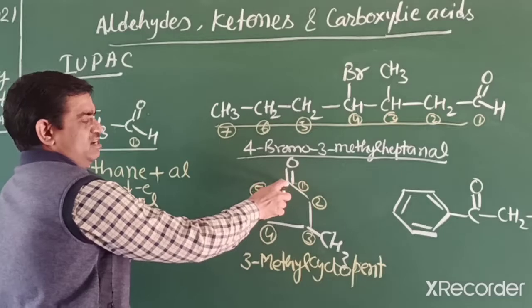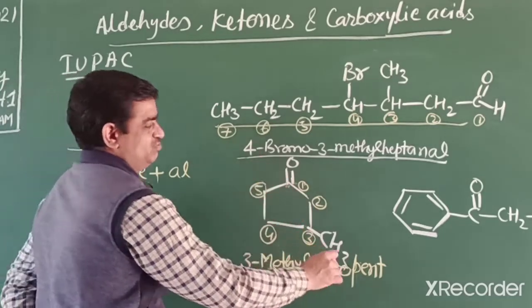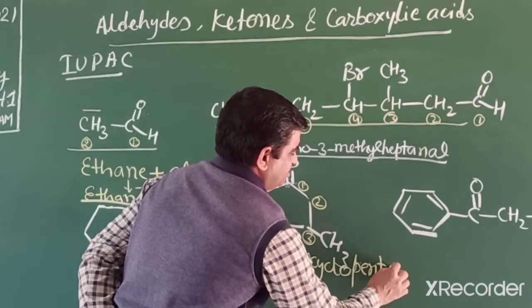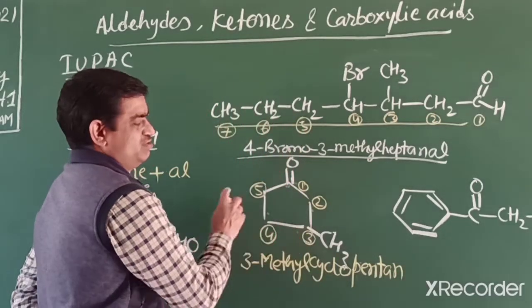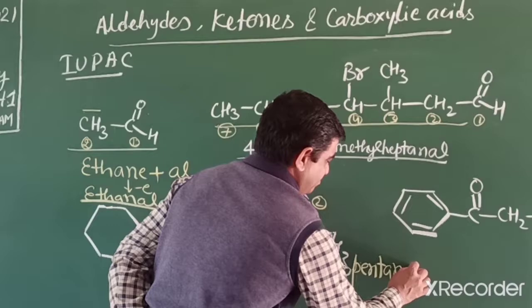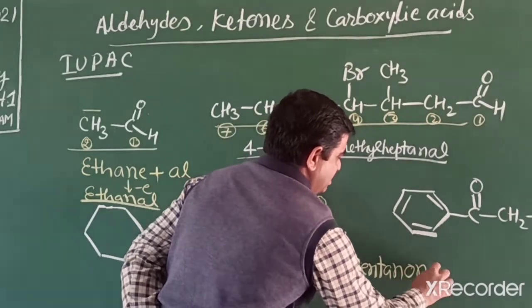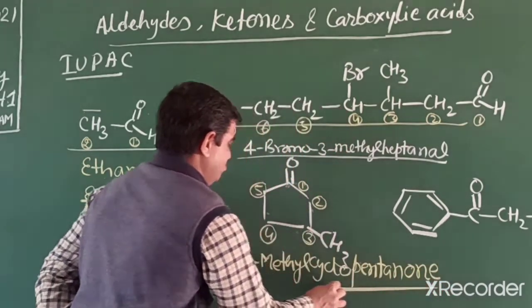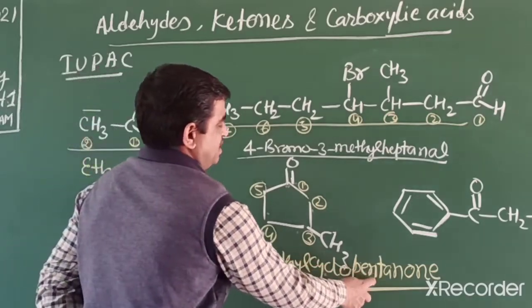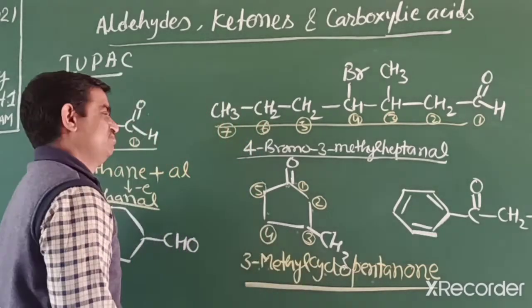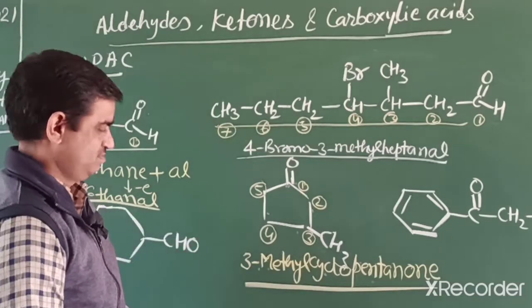Then a single bond, ane, pentane, and the one, for the ketone. You can write 1-one also, or pentanone. You can write 3-methylcyclopentanone. This one is the IUPAC name.